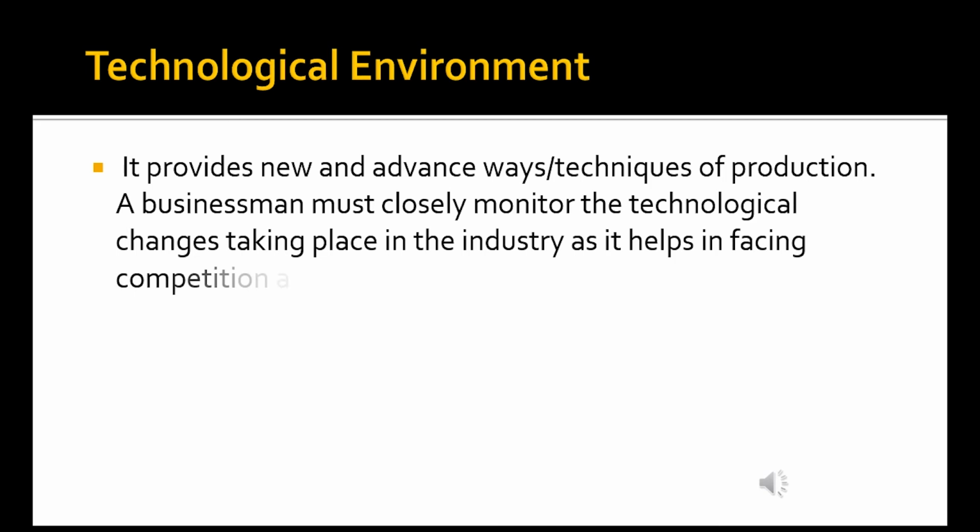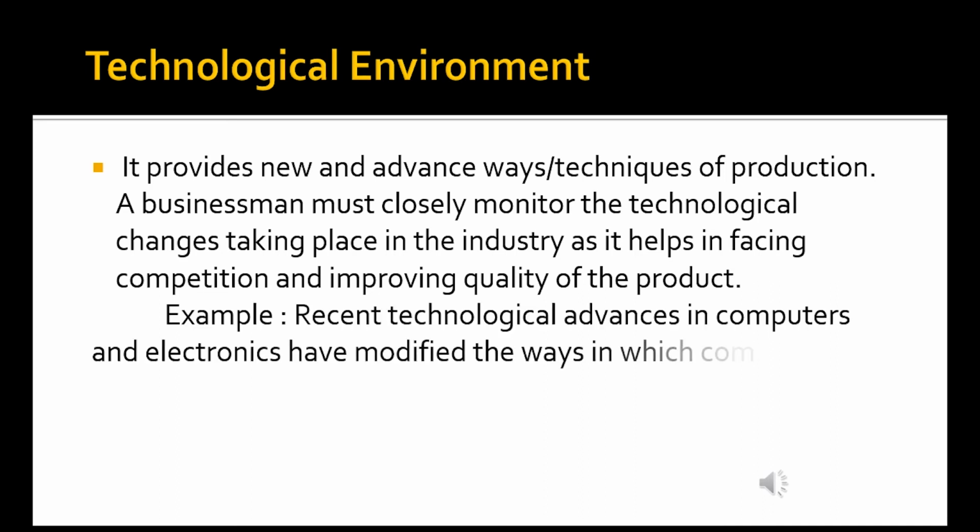A businessman must closely monitor the technological changes taking place in the industry, as it helps in facing competition and improving quality of the product. For example, recent technological advances in computers and electronics have modified the ways in which companies advertise their products.